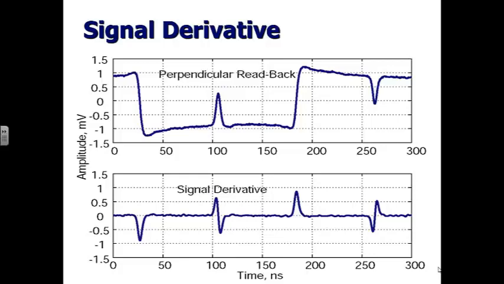So on top might be the reflectance signal off an optical disk as it goes over a light and dark spot, and what we want to know is the positions of those edges. By taking the derivatives, we can highlight where these edges are happening, and we can tell by whether the derivatives go positive or negative whether our edges are going up or down. So signal differentiation is an operation that's often performed in data storage.